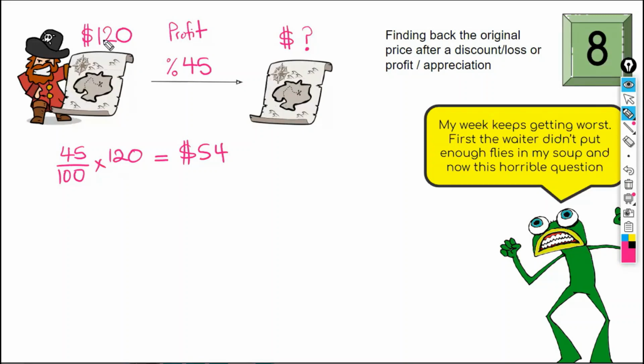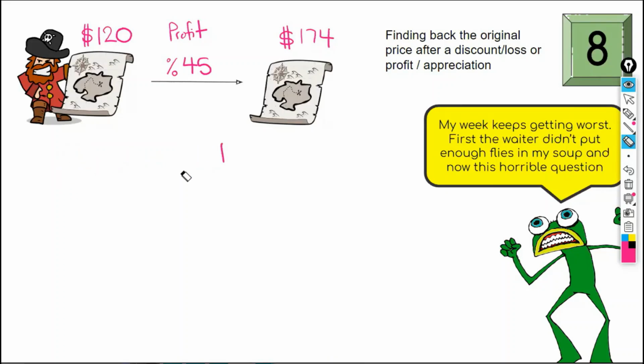Won't it be 120 plus the 54? That makes sense, right? So 120 plus the 54, you should be buying it for $174, right? Double checking it, 120 plus 54, $174. All right, so that's the primary school way, right? We will find the profit and add it back to the original price.